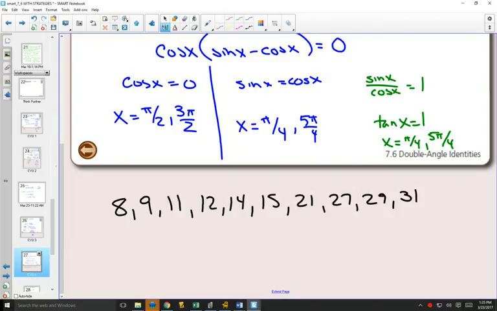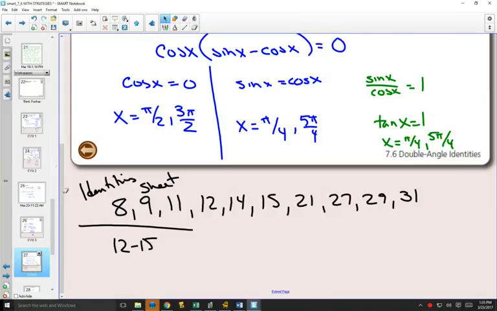It is not the circled ones. These are totally different numbers. So this is off the identities sheet. And then from your textbook, questions 12 to 15.